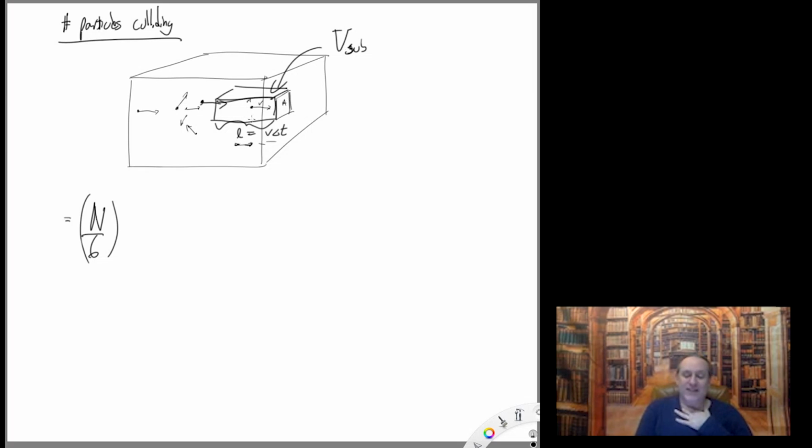Again, if this is only 1/10 of the total volume, then we expect only 1/10 of the particles to be there. If this was 1/100th of the total volume, then only 1/100th of the particles will be there. The way we get that fraction is just to divide the subvolume by the total volume.